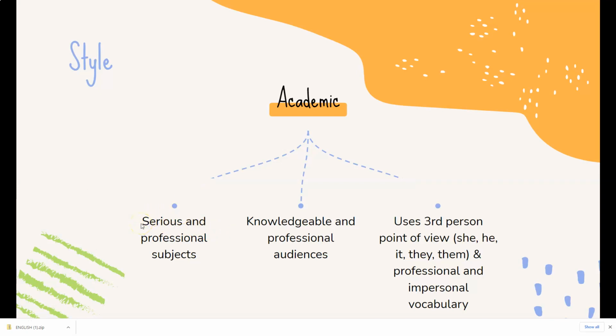The subject matter is serious, and typically with an academic style, we write in the third person point of view, which includes using pronouns such as she, he, it, they, them, as opposed to first person pronouns like I and me. And we want to use a professional and impersonal vocabulary.